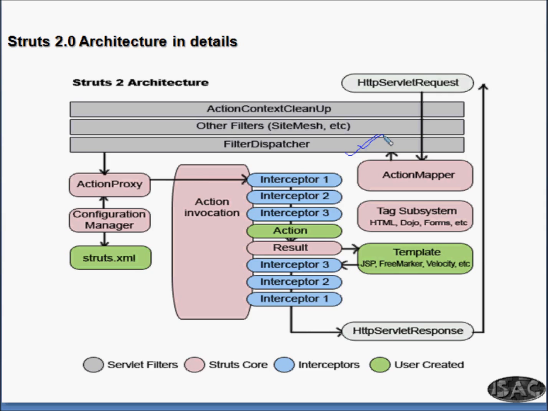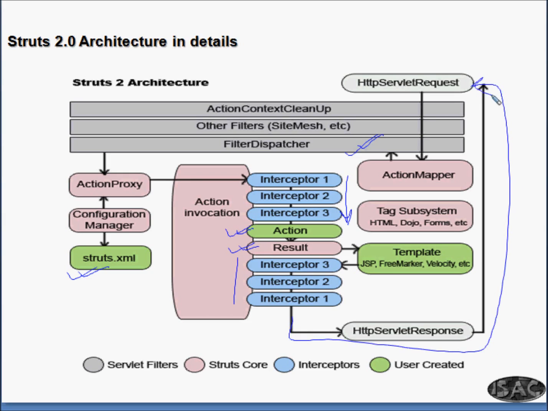It will also interact with the struts.xml, the configuration file, which has all the mapping and tells that for this action, this result. In turn, it will do interception on that request and perform that particular action, and then that action will call the particular result, and that result will again be intercepted by the interceptor, and then sent back to the client.